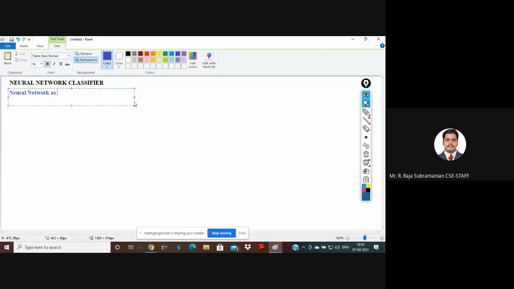Now, the basic definition we can give for neural networks is, neural networks mimic the human brain by learning from the training set. So here also we have the training data available. By this itself you understood that it is also going to be supervised.